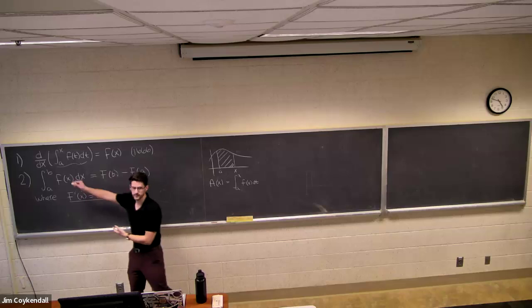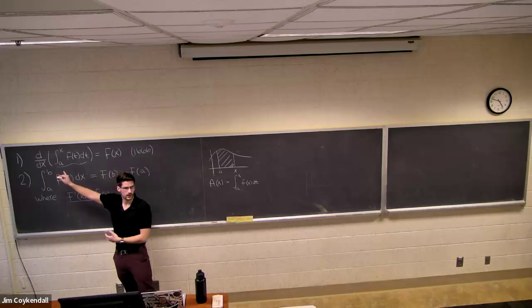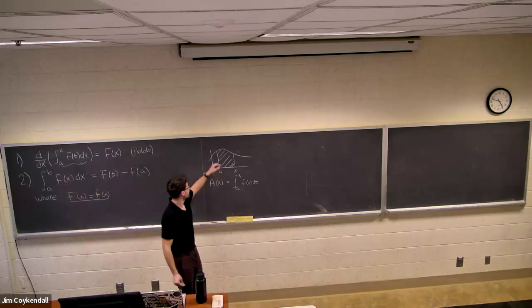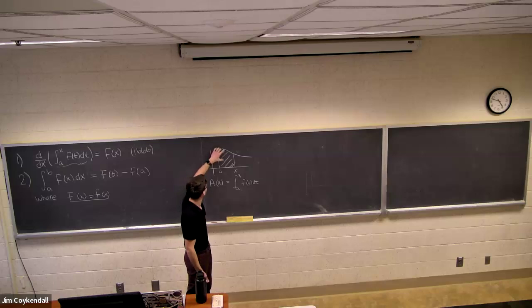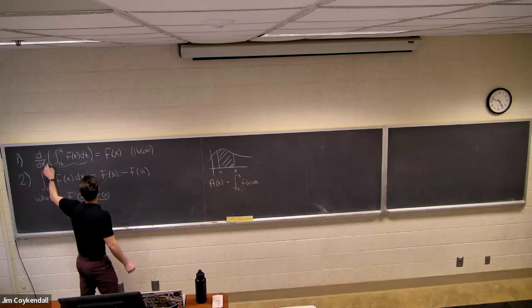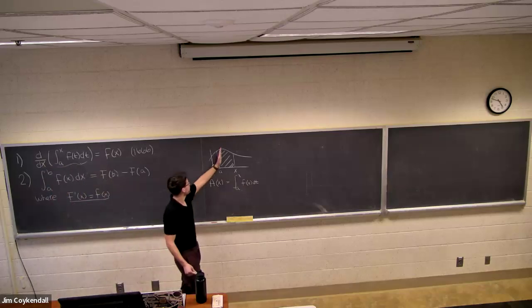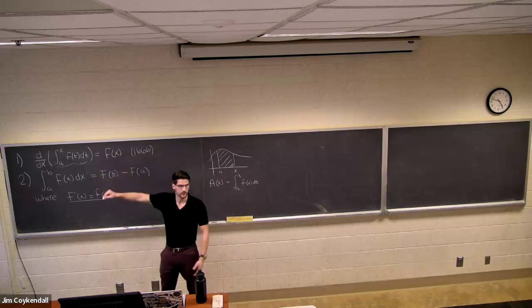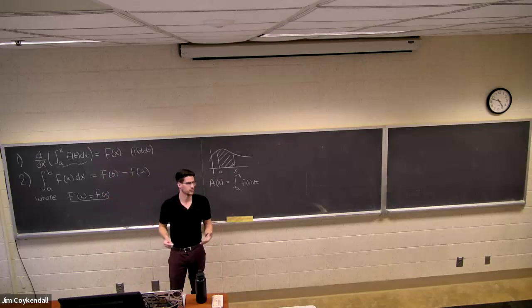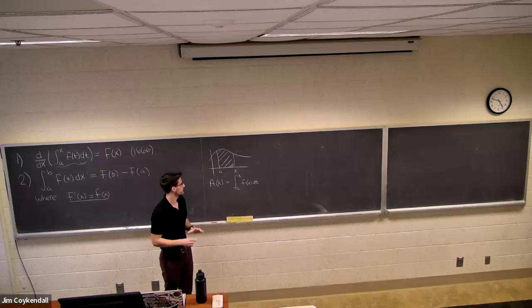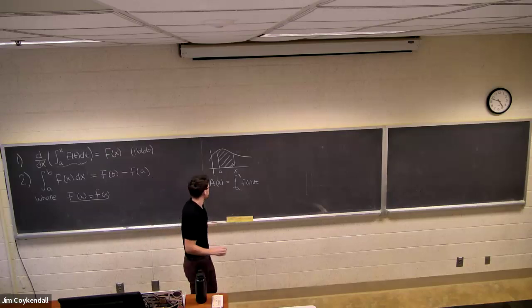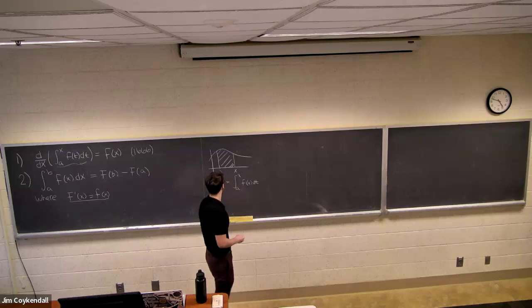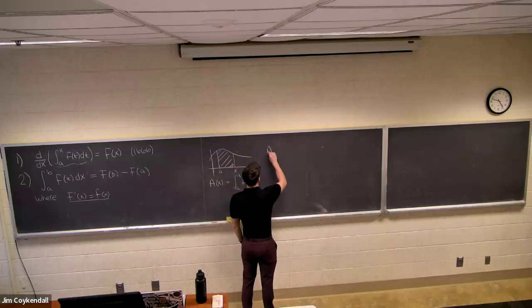That is really what this is saying. Kind of heuristically, the rate at which I'm gaining area, the derivative, the rate at which this is increasing, is directly proportional to the height of my function. And the height of my function at x is just f of x. So we already have an intuition for this, and people understood this before calculus was really formally put together, but that's not good enough for us, right? Let's look at this and try to prove it.